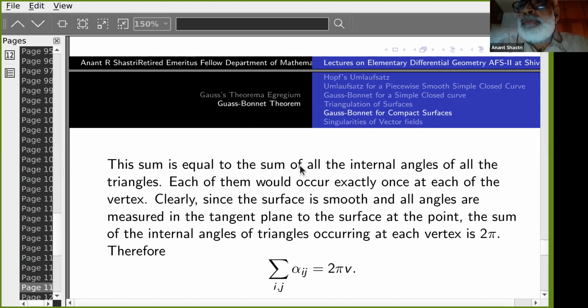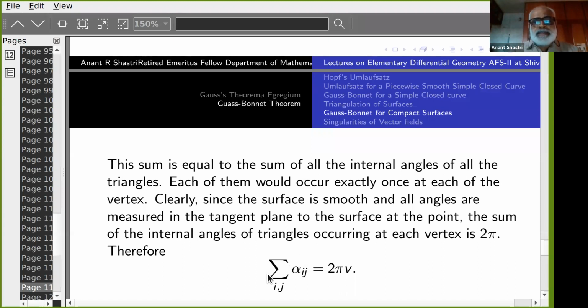If you look at all these, that will take care of all the internal angles incident at a single point. So now I have to look at all the points, and that will take care of all the triangles. Therefore, I can look at it the other way around.